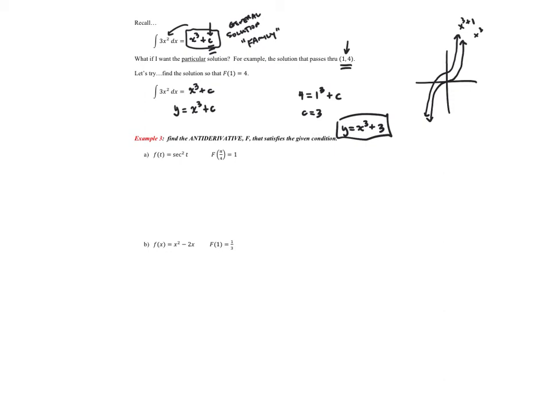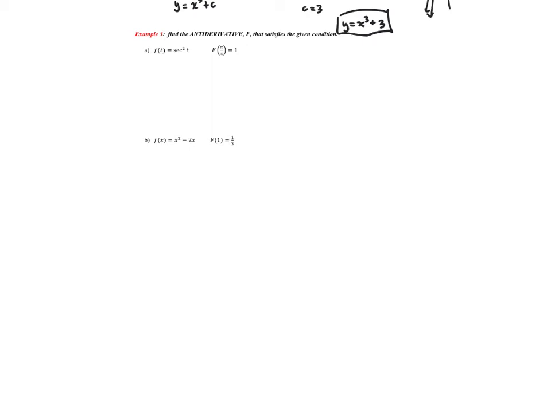Okay, so let's look at example 3. We've got two examples. We're going to find the antiderivative capital F that satisfies the given condition. So we are going to find the particular solution to the situation given.